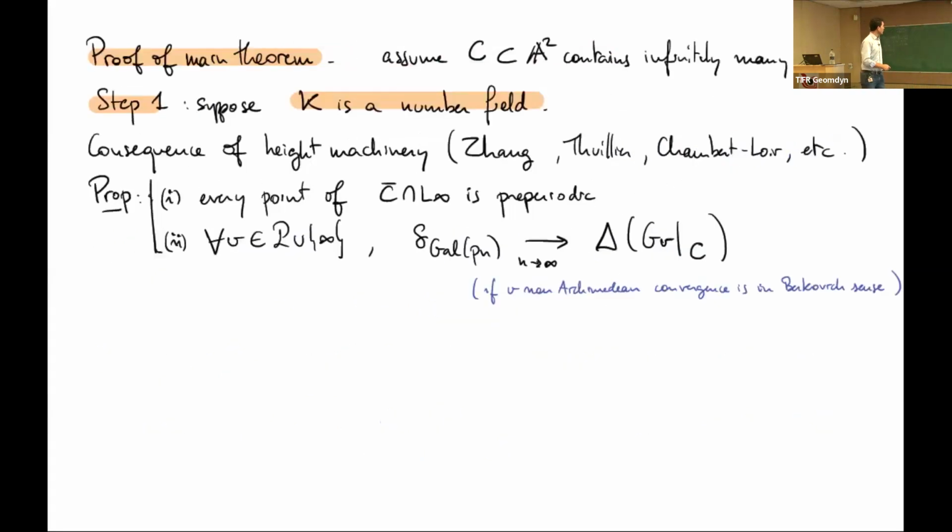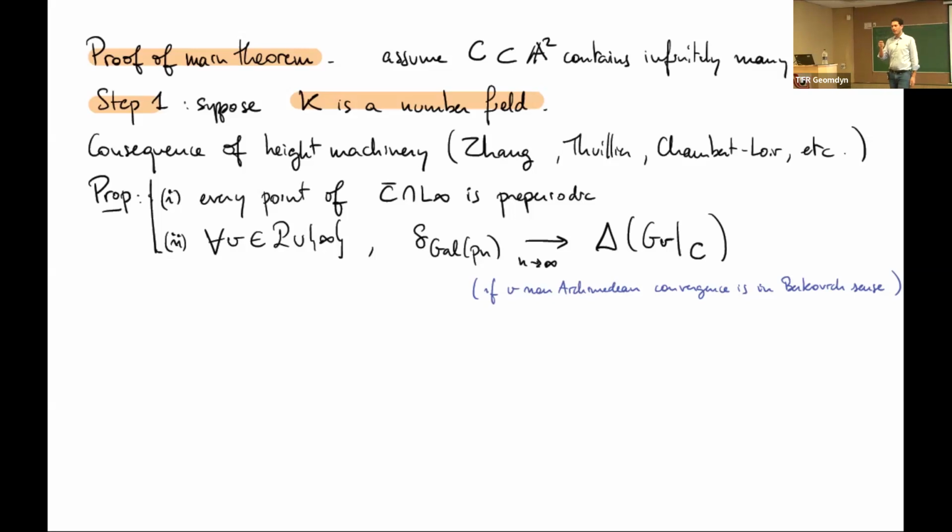Okay, so there is a formula in this paper by Zhang for the height of a curve. And so in our situation, the dynamical height of the curve is 0. So it implies that the height of the points at infinity is 0 as well. So these points at infinity are preperiodic for the dynamics at infinity. That is the part of this black box from height theory that we use.